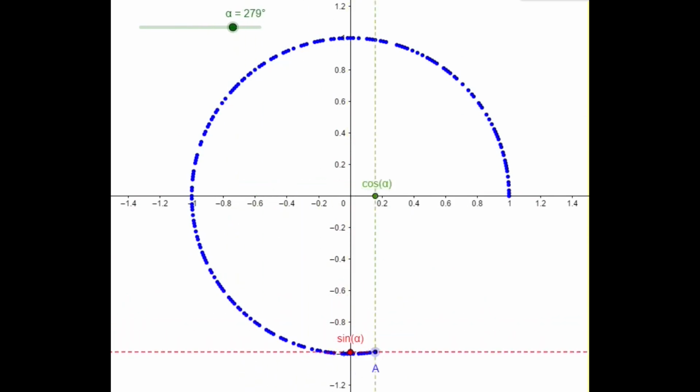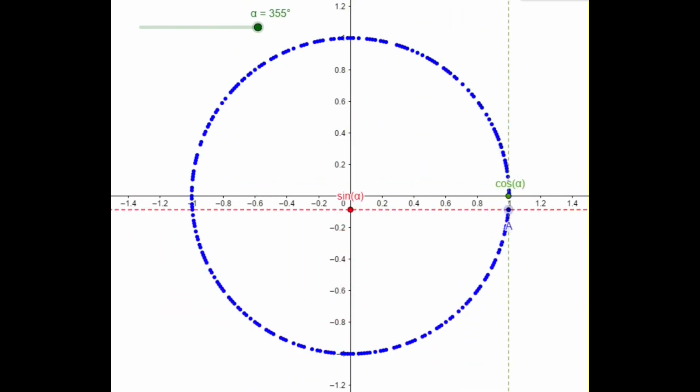As you can see, point A is tracing a circular path.